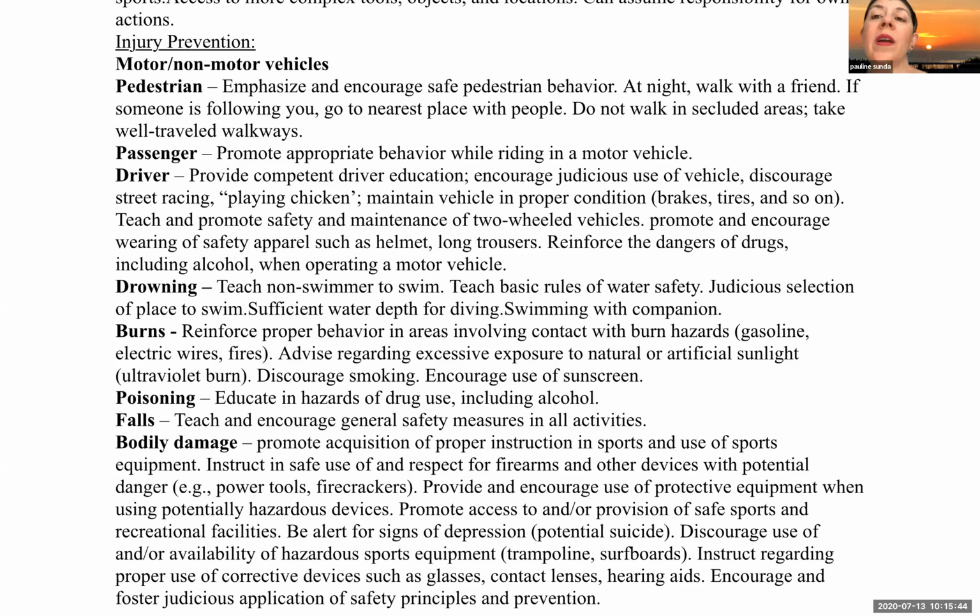Promote and encourage wearing safety apparel such as a helmet or long trousers, especially on a motorcycle. Reinforce the dangers of drugs, including alcohol. Obviously, you don't want to be under the influence in any way, shape, or form when operating a motor vehicle.